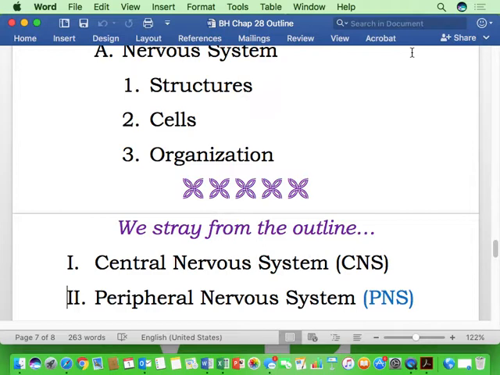So if we go back up to the central nervous system and we say it's integrating, that's what it's integrating. It's integrating the sensory input to determine what the motor output should be. So the peripheral is in charge of the sensory input, motor output. Central integrates those two.